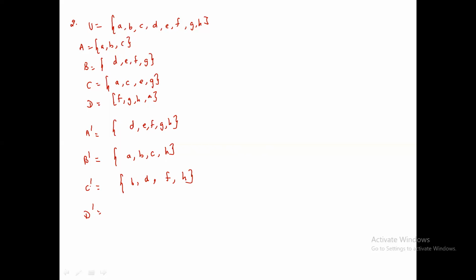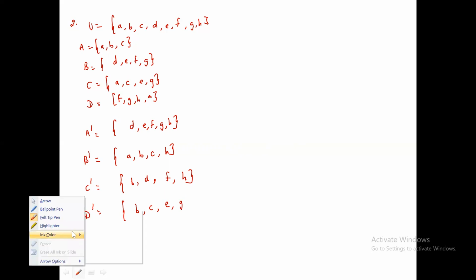Okay, next is D complement. From U, you remove the set D: F, G, H, A. So left is B, C, D, E. F, G, H, A you have to remove.